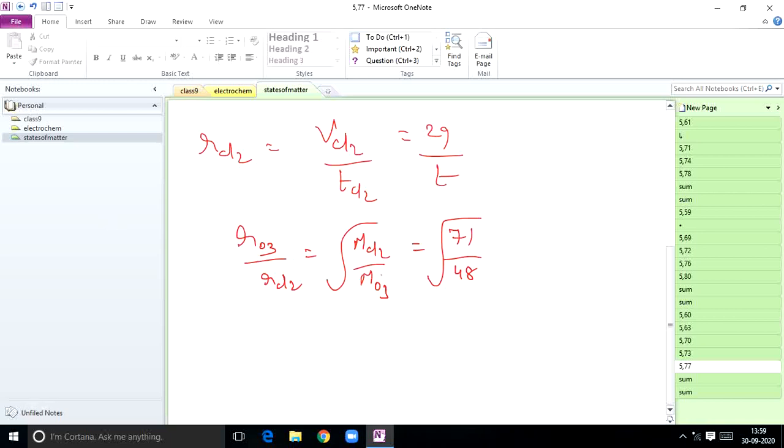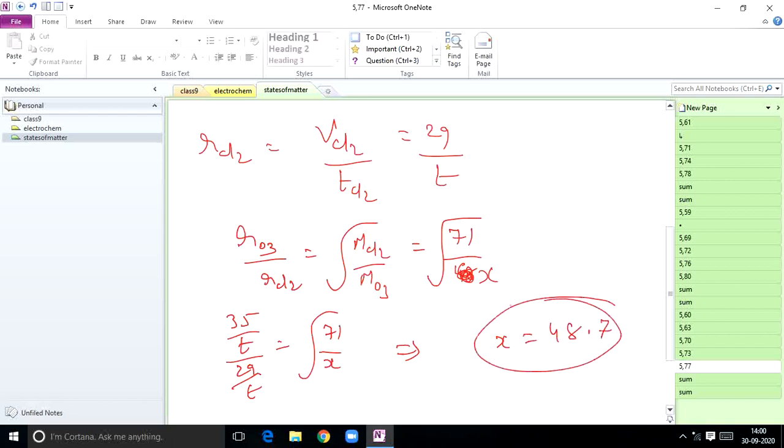Okay, let us do it. He is asking for X, so take it as X. Now rate of diffusion of ozone, how much? 35 by T. In this you can substitute: 35 by T by 29 by T is equal to square root of 71 by X. Solve this one. Finally X is equal to, you should get approximately 48, nearly 48 gram per mole.